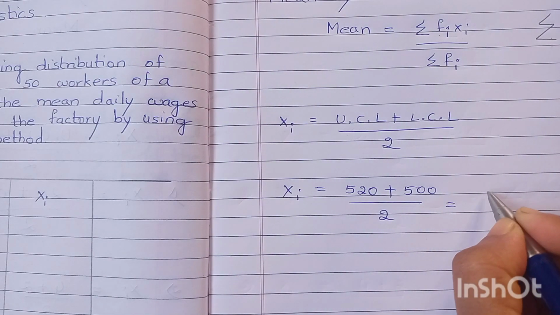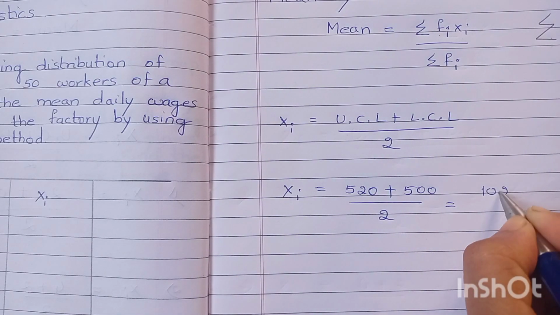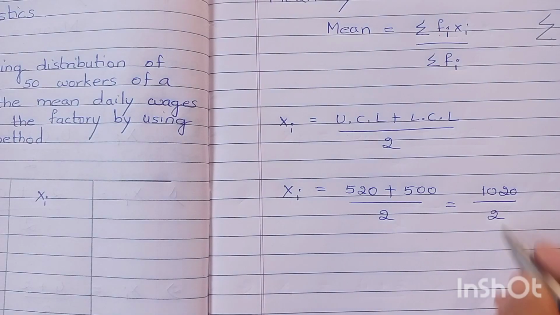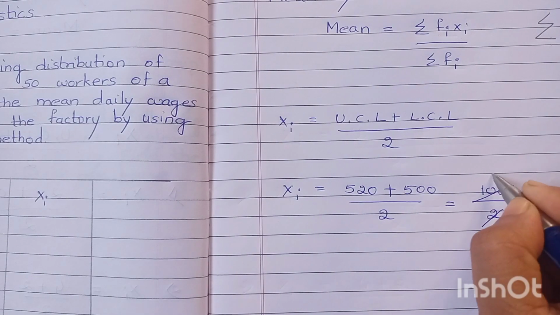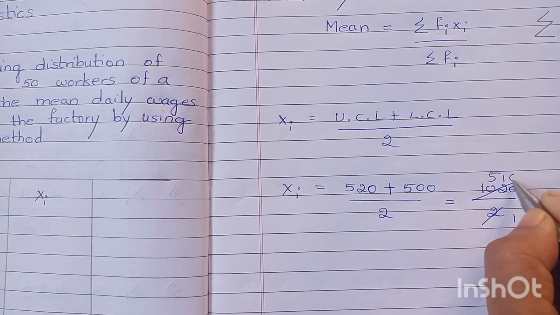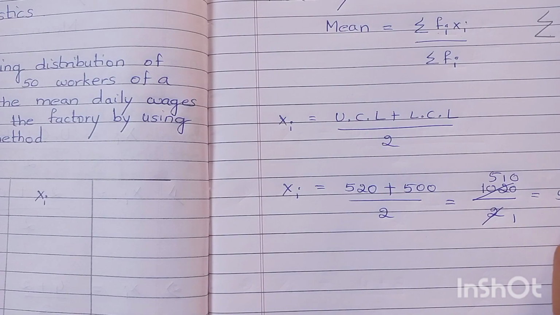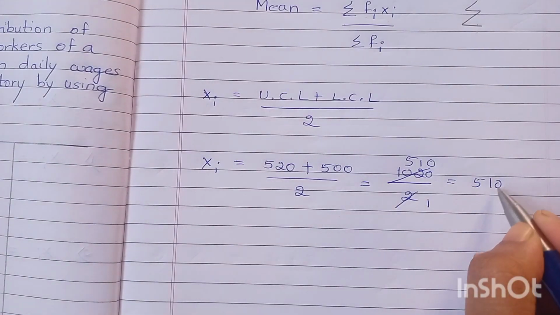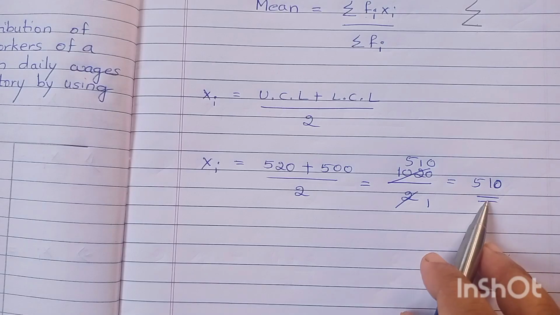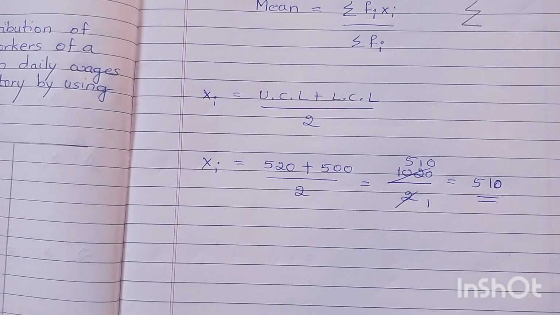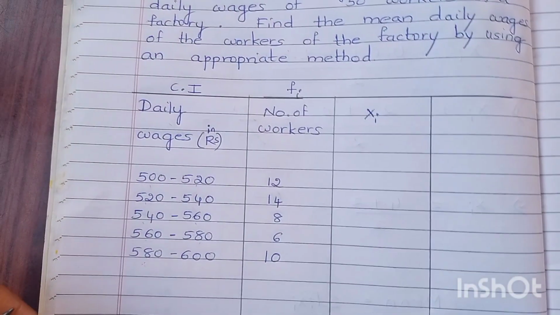That is 1020 divided by 2. 2 ones are 2, 2 fives are 10, 2 ones are 2, then this 0. 510. This is the Xi of the class interval 500 to 520.